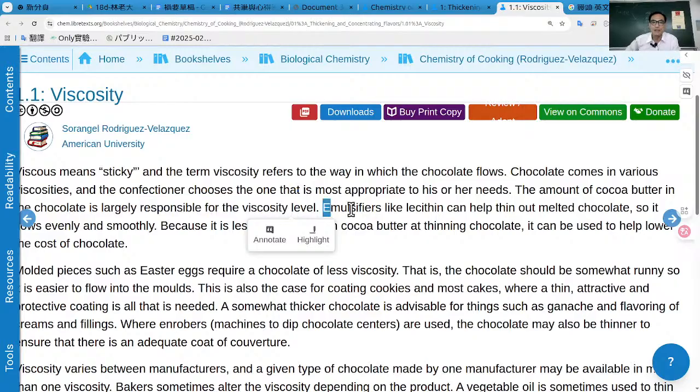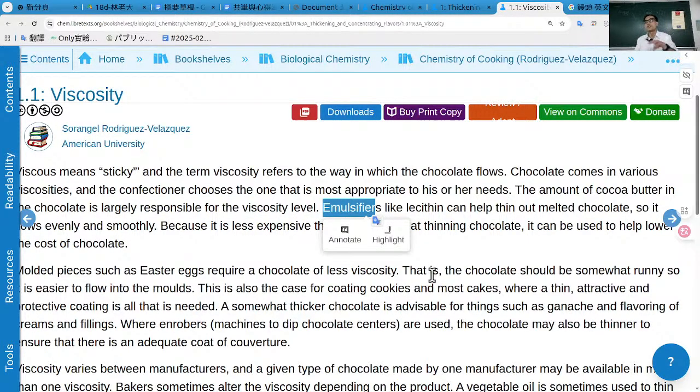And emulsifier is easy to explain. It is a substance that can help lipid soluble materials mix with water soluble materials.